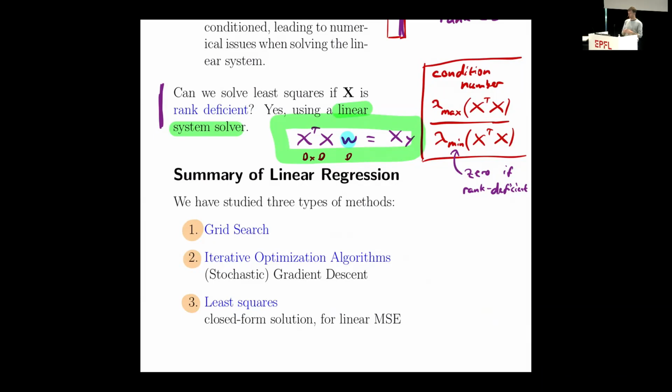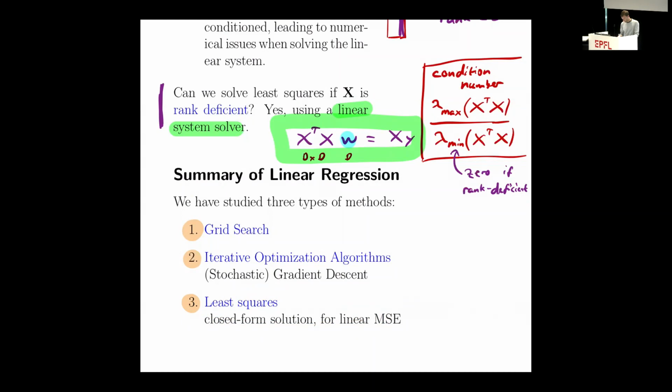Of course, the grid search is not going to be so practical, especially in high dimensions, and people use both these methods extensively. The nice thing about the gradient-based methods is that they are much more broadly applicable. You don't need to care if it's exactly the least squares loss on exactly this model. You can always run gradient descent even for different losses and so on. And this one here is even better because it's even faster, but it's really only for this exact type of model.